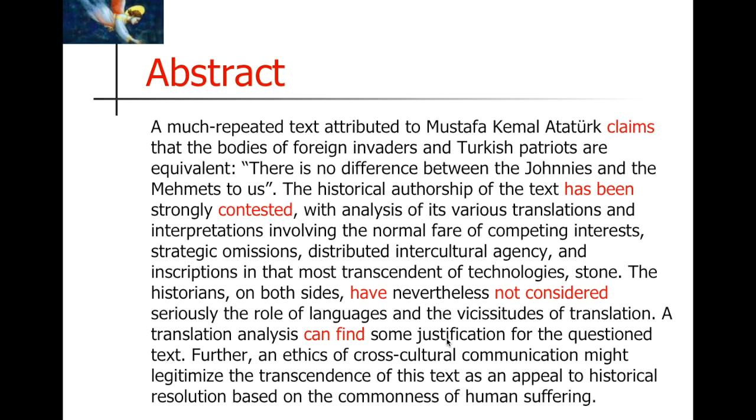So the dominant tense here is the present in its various modes. Simple present, present perfect, and here with the modal can find, what can be done, a realm of possibility. Abstracts are generally in the present tense, but you could just as easily have Ataturk said in 1931 that, if we knew that this was in fact what happened.